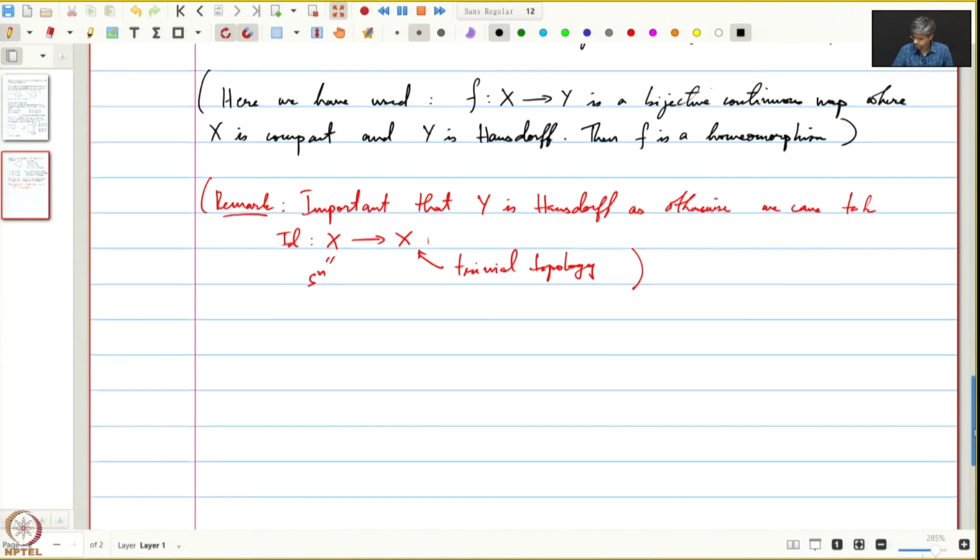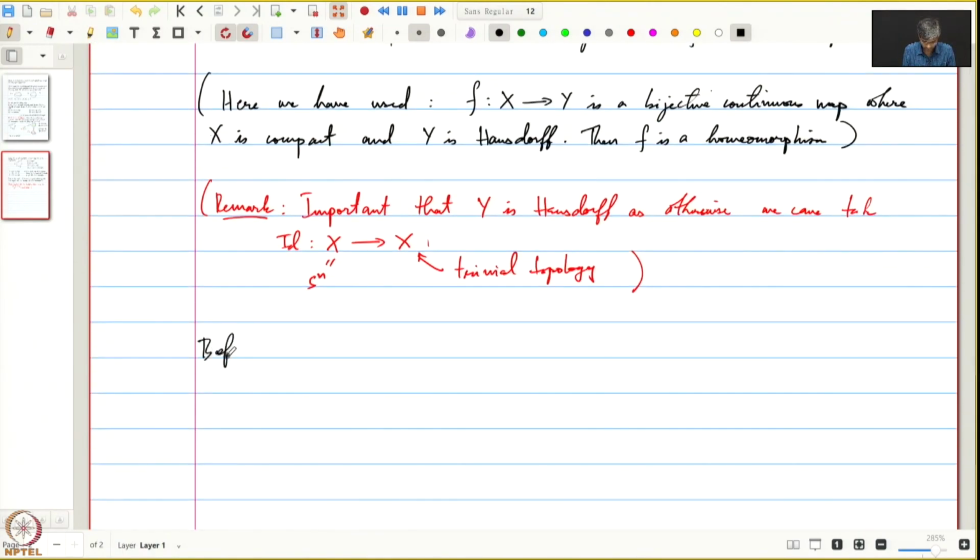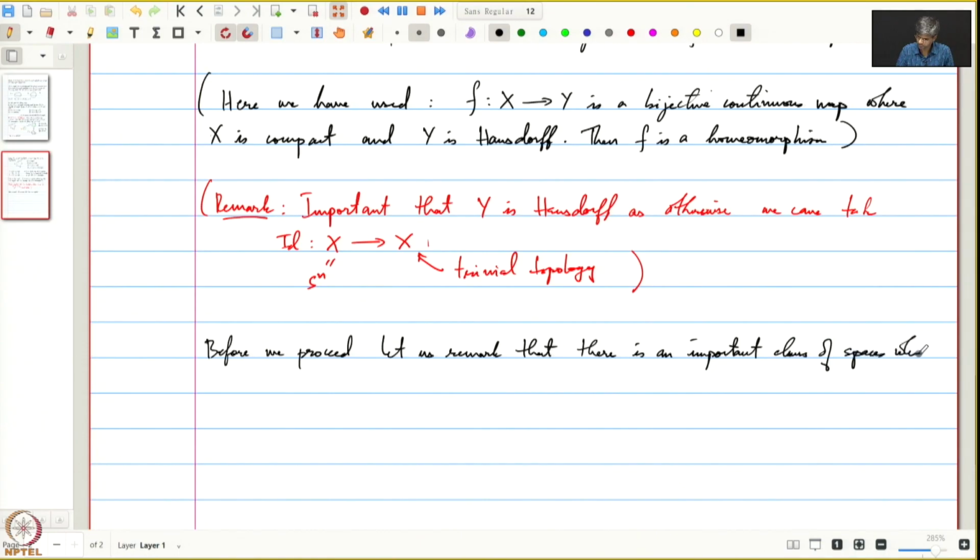So before we proceed, let us remark that there is an important class of spaces which is not locally compact.